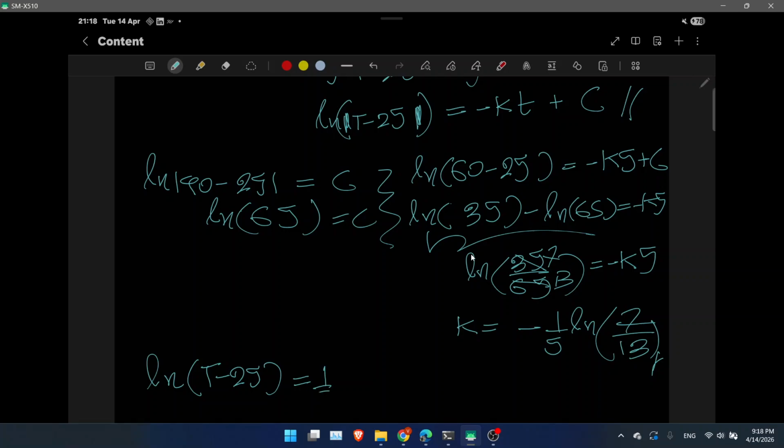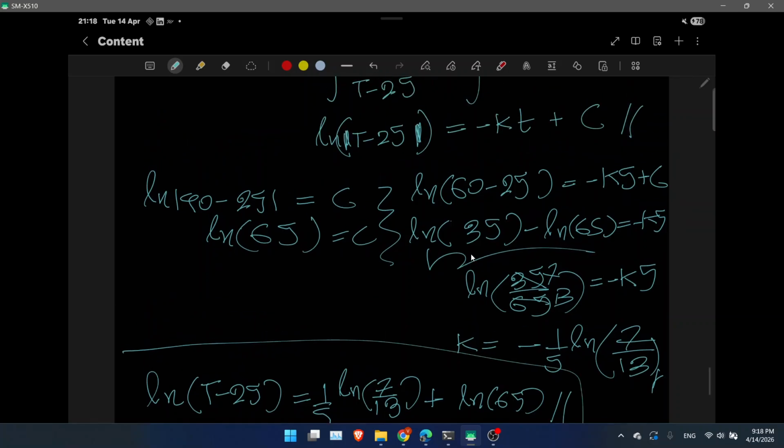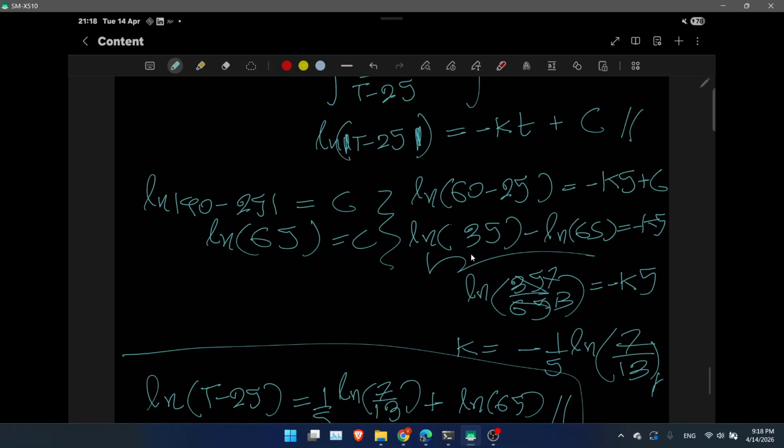Minus kt means 1 over 5 ln 7 over 13 times t, plus C means ln 65. So this is the final solution to the equation.